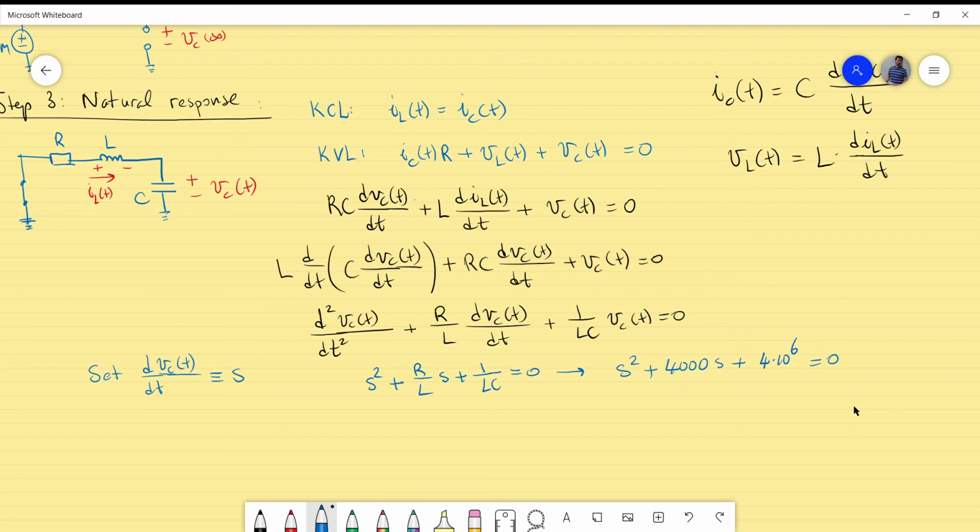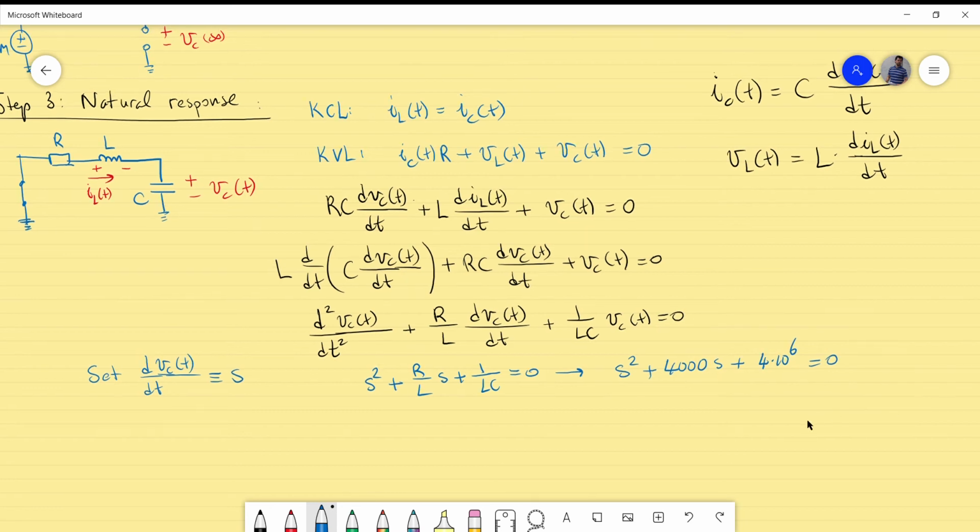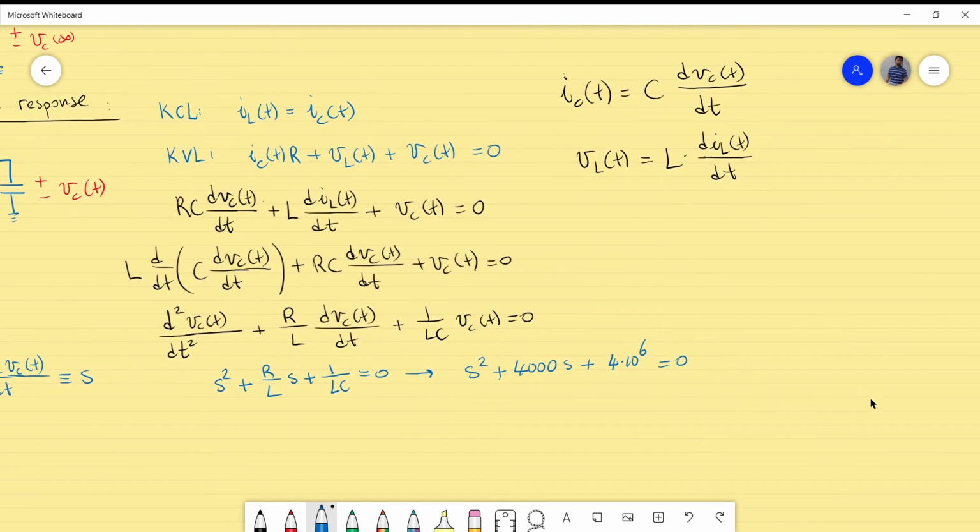If you do this, you might recognize very easily that this is actually the expression for (S plus 2000) quantity squared is equal to 0. This means the following, that the solutions S1 and S2 are both minus 2000.